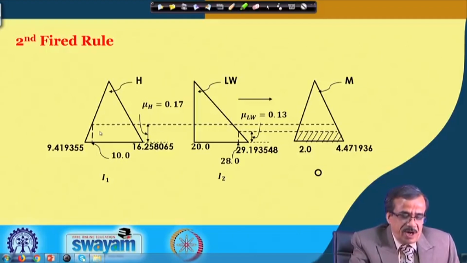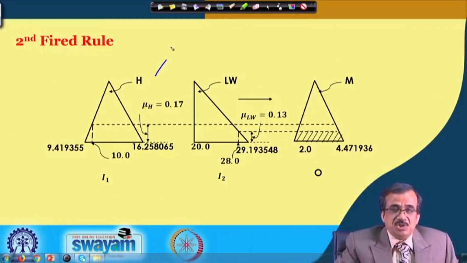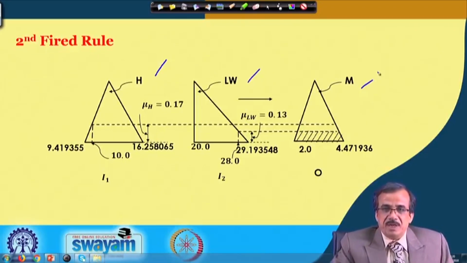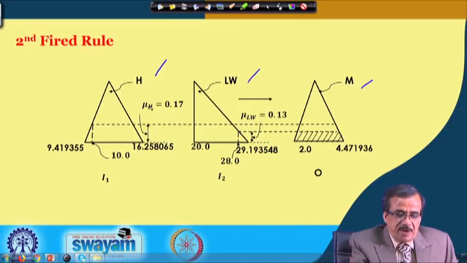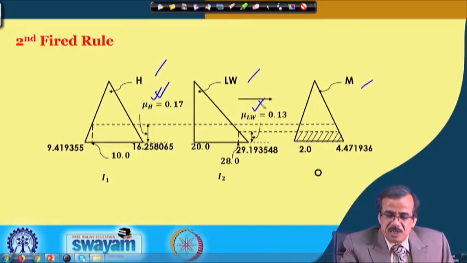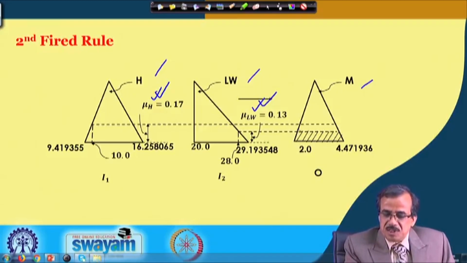The second fired rule states, if I1 is h and I2 is low, then output is medium, and I can find out what is mu h. I can also find out what is mu low. I can compare. So, this is the minimum.